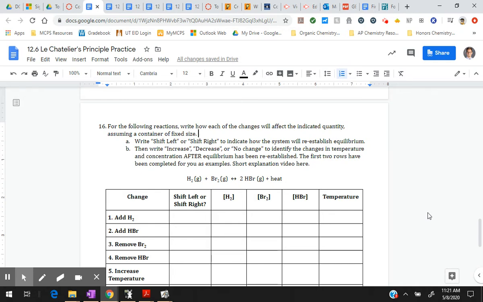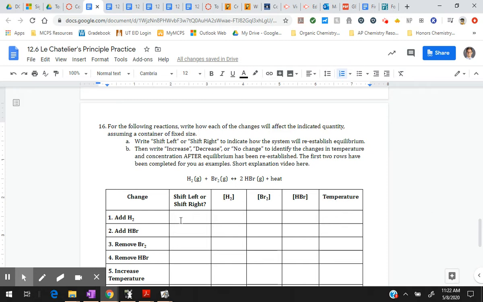In the column that is labeled temperature, you can write increase, decrease, or no change as well, and you can use that to represent your heat. Notice that when we write increase, decrease, or no change, that is to represent what will happen to those particular molecules after equilibrium has been re-established.